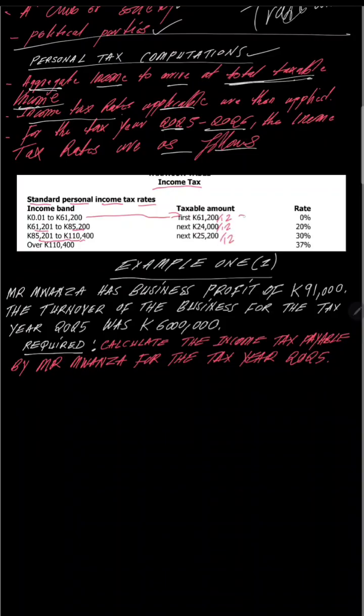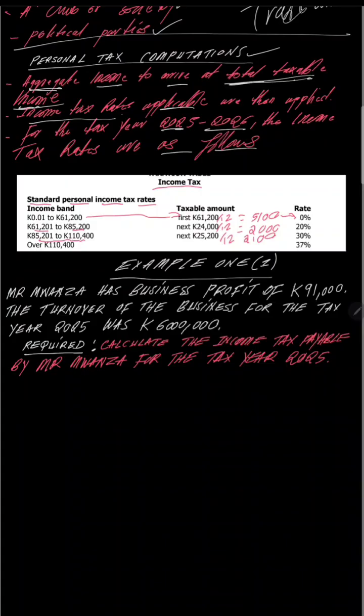When you divide all these by 12, the tax-free amount here is going to be 5,100. When you divide the next 24,000 by 12, you're going to get 2,000. So monthly 2,000 is taxed at 20%. And the next 25,200, when you divide by 12, you're going to get 2,100.